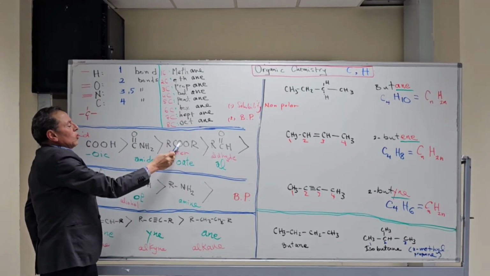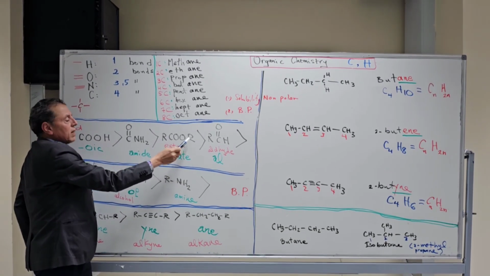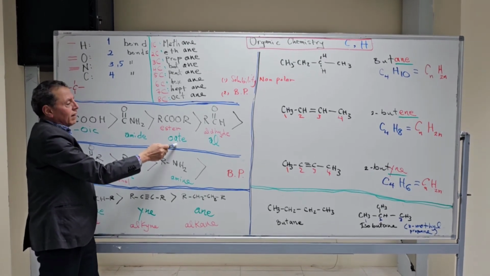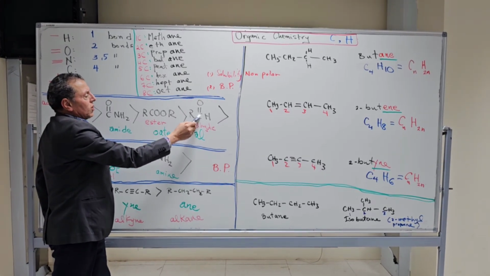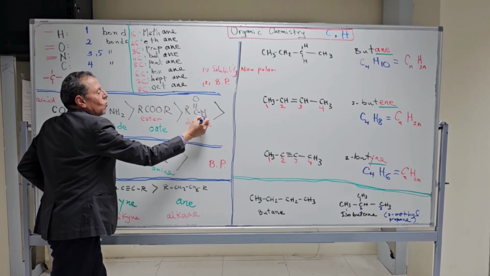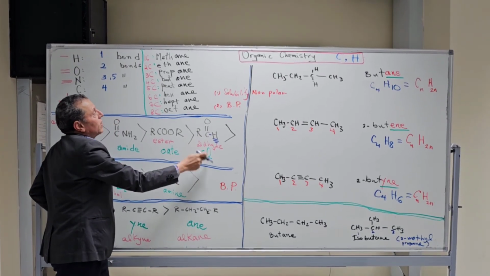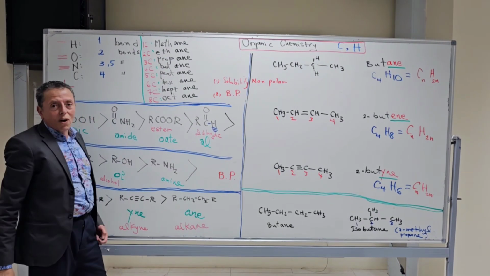If it is COO with R, not H, then it is completely different: an ester. If it is RC double bond O with the carbonyl attached to hydrogen, then it is called an aldehyde, for example ethanal if it has 2 carbons.